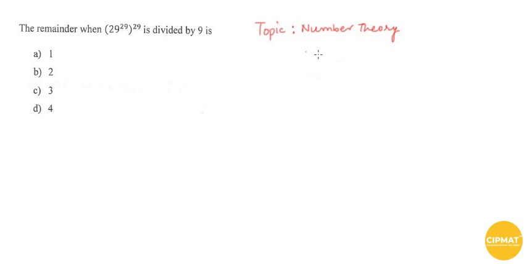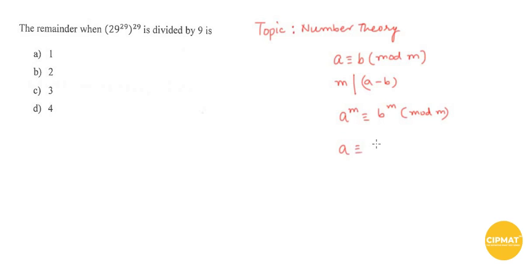Just to brief you, when I write A is congruent to B mod M, this means that M divides A minus B. Also, A to the power M will be congruent to B to the power M mod M. Also, when this is true, you can add or subtract any multiple of M and it remains the same.